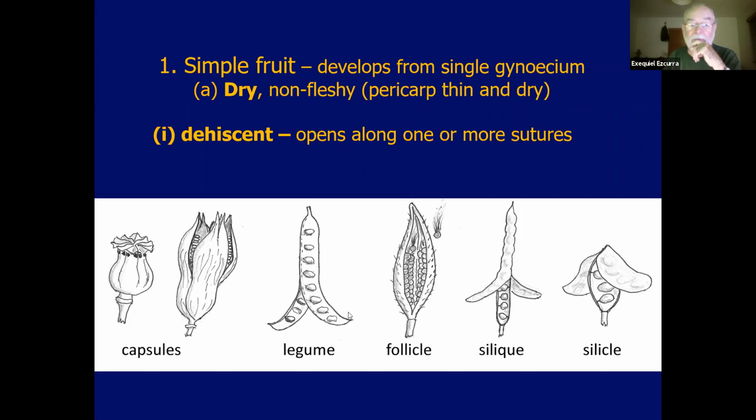In legumes, remember, is a family of beans, the fruit is formed by only one carpel that will open along the suture line that is here and also along the midrib vein on the other side. So legumes will open on both sides and gradually release the seed. For example, beans will gradually release the seed into the environment.